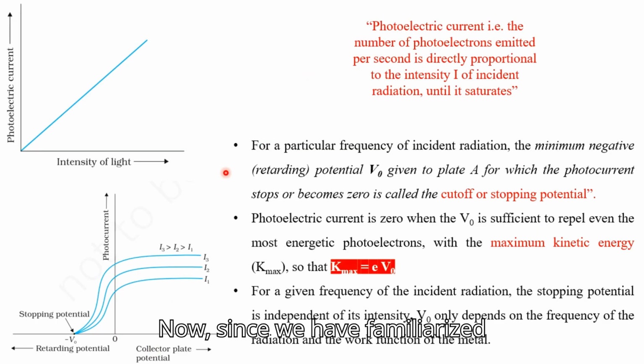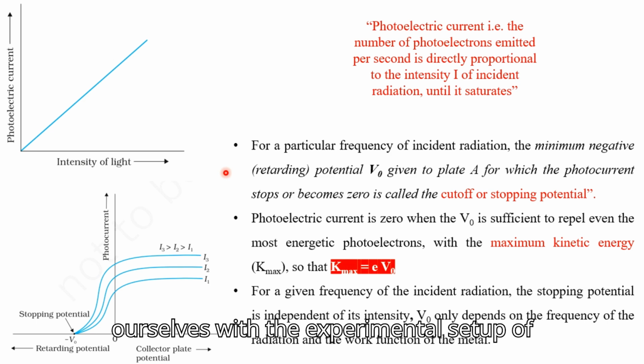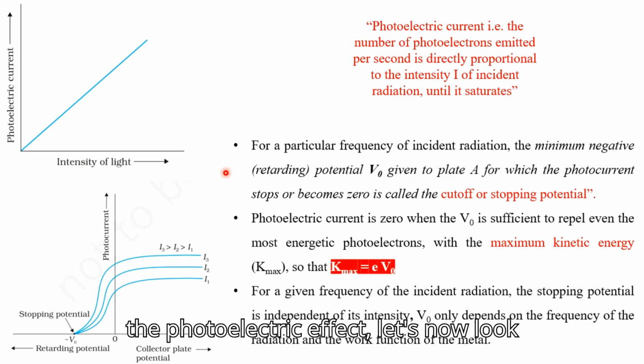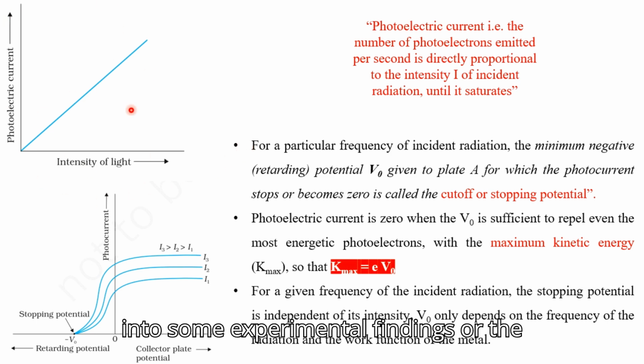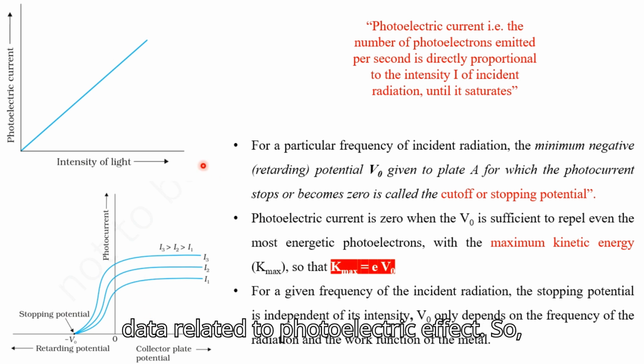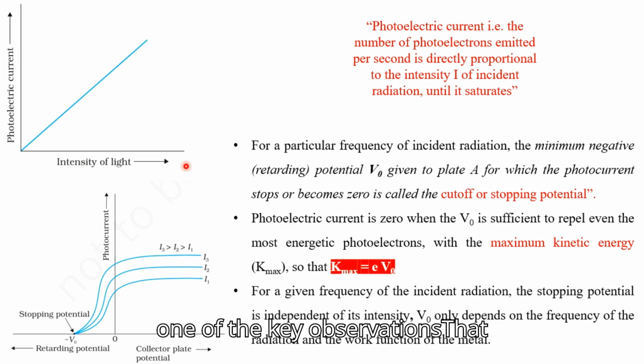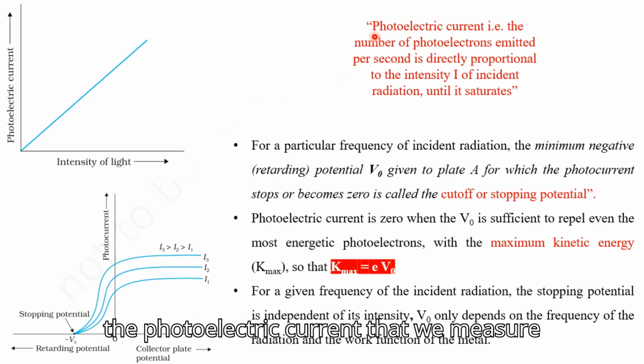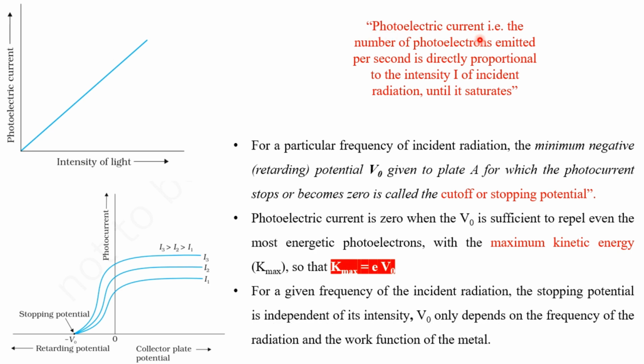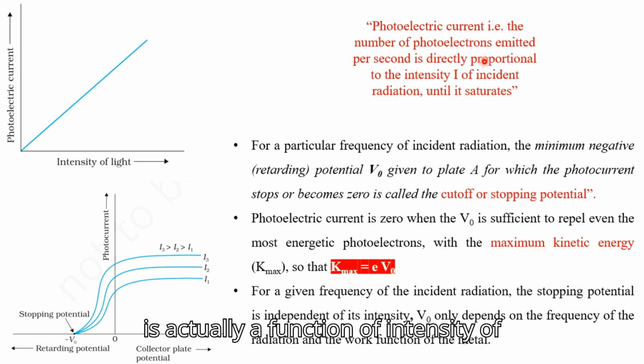Okay, now since we have familiarized ourselves with the experimental setup of the photoelectric effect, let's look into some experimental findings, or the data related to the photoelectric effect. One of the key observations that Lenard made was that the photoelectric current that we measure is a function of the intensity of the incident radiation.